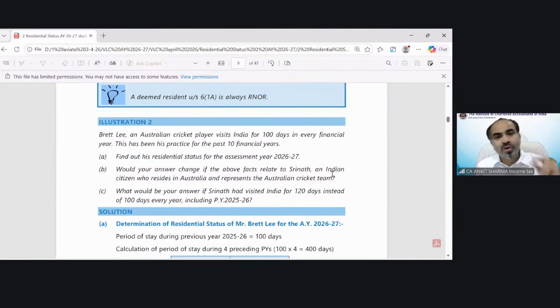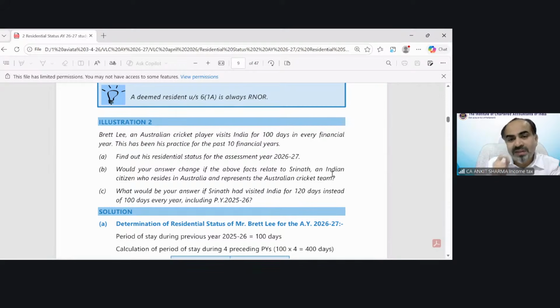Condition 2 requires that you need to be in India for 182 days or more. So even if you are an Indian citizen, only the first condition needs to be checked, and of course, that is not going to be fulfilled. So he will remain non-resident.